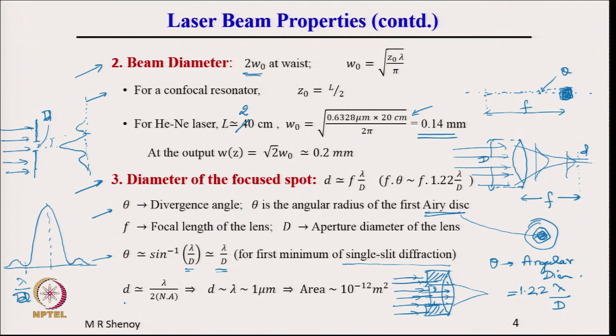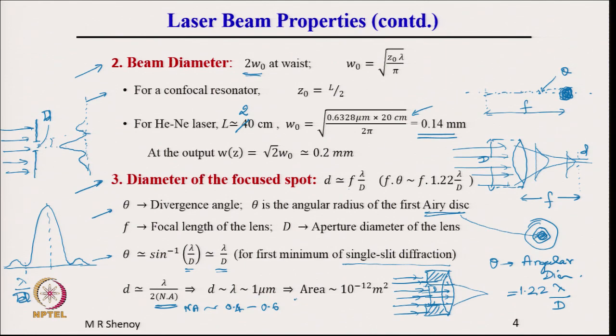So, the spot size is equal to lambda by D, and it can also be written in terms of the numerical aperture of the lens. Therefore, we get d is of the order of lambda, because the NA for a lens is typically 0.4 to 0.6. Let us say for a 20x objective, it is typically 0.4 to 0.6. That is why we have written d as of the order of the wavelength, which is of the order of 1 micrometer.